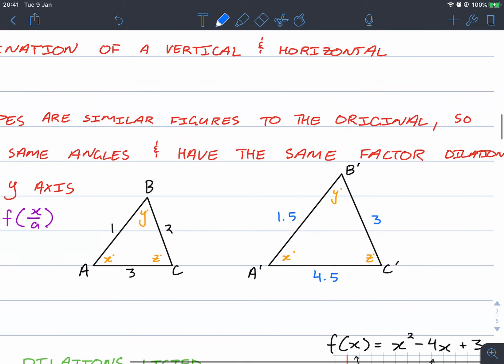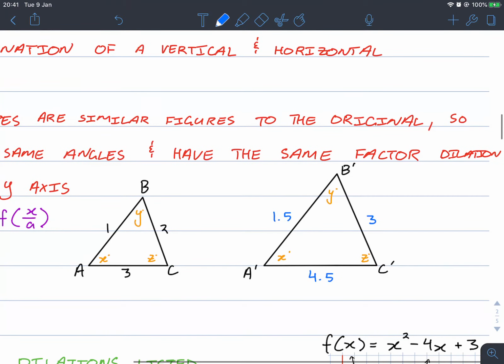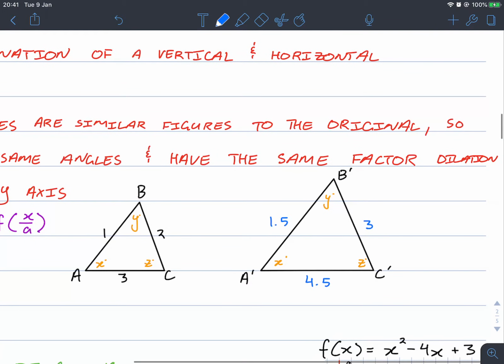And here's an example of what this might look like. We have the original triangle ABC, and it's been enlarged to become A prime, B prime, and C prime. Notice also that 1 times 1.5 is 1.5, 2 times 1.5 is 3, and 3 times 1.5 is 4.5.